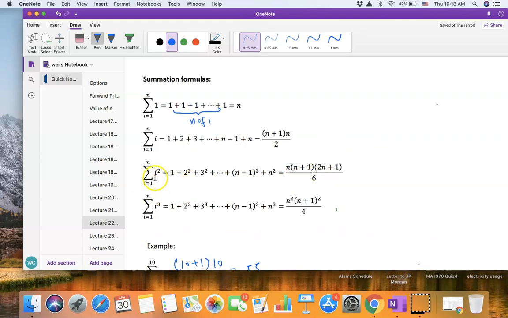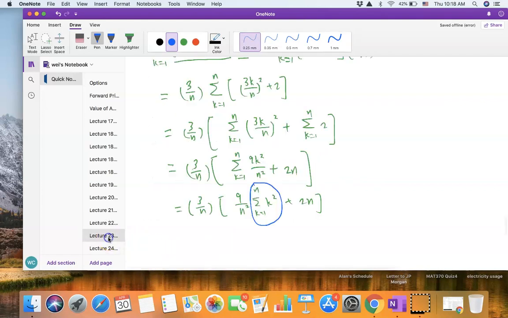So the summation of k squared with k from 1 to n equals n times n plus 1 times 2n plus 1 over 6. So this equals n times n plus 1 times 2n plus 1 over 6 plus 2n.